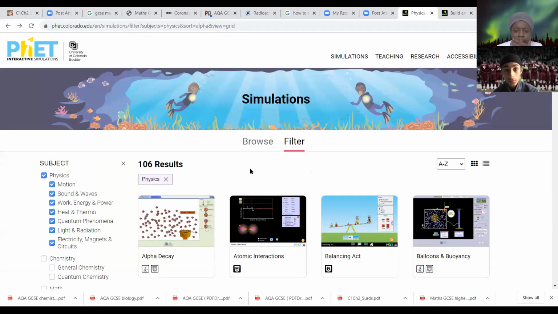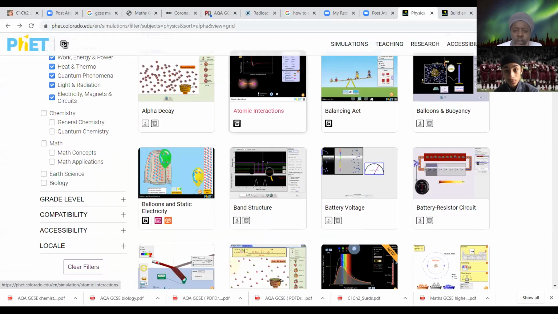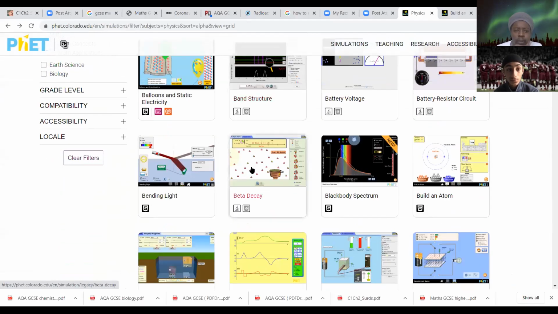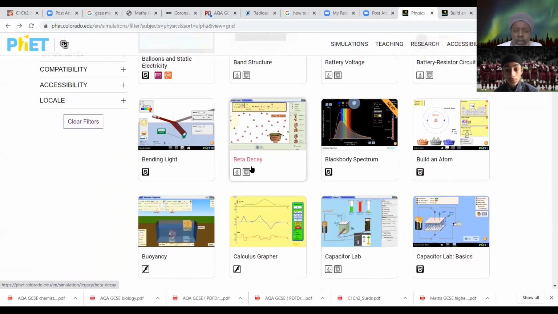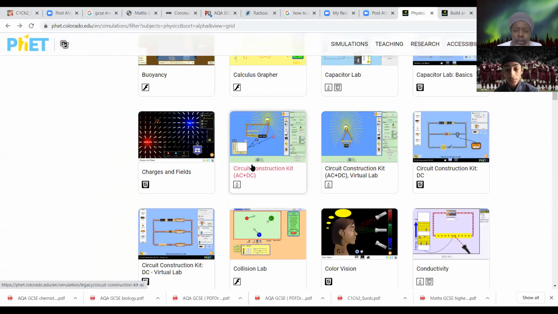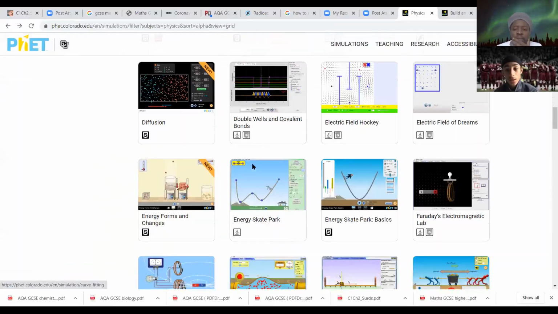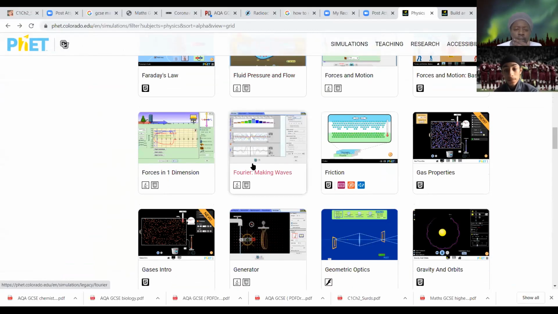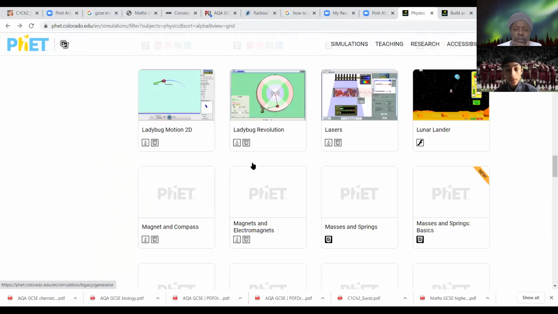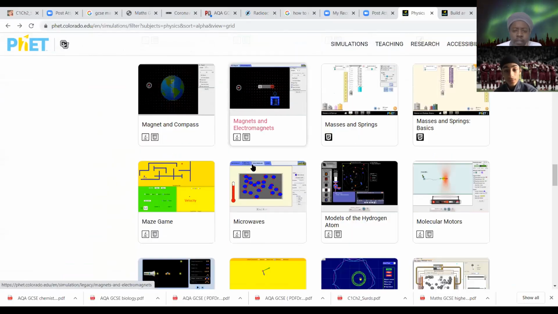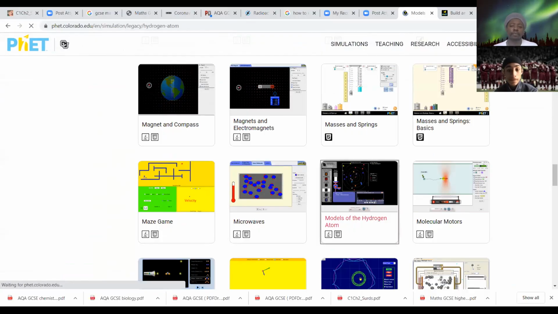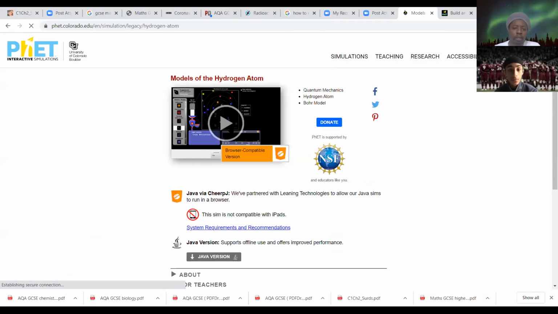Let's see if we can find atomic interactions, balloons and buoyancy. Perhaps not that one. Diffusion, double walls. I thought I had it open. One moment, I'll try and figure this out. Masses and springs. Models of the hydrogen atom. That might be it. We'll try that one.